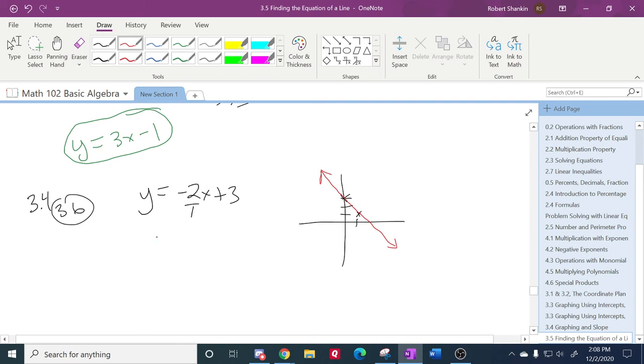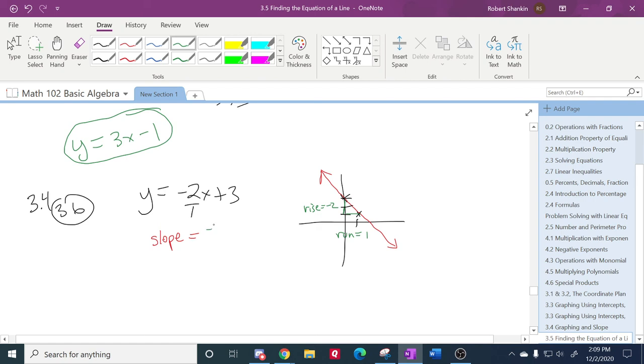So the slope, by looking at the graph, it's got a rise of -2 and a run of 1.